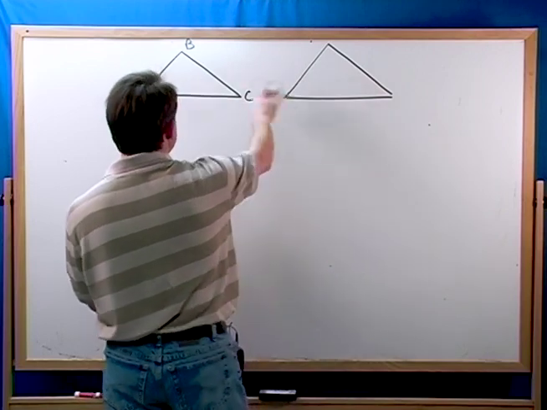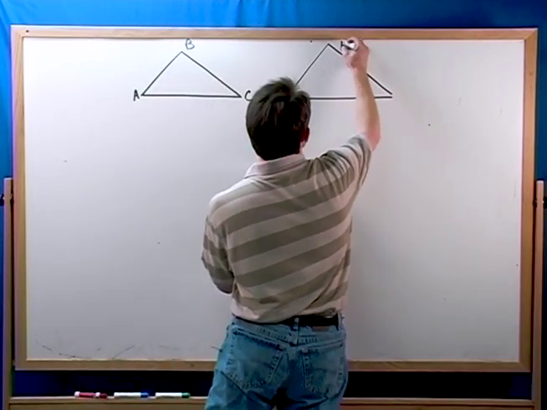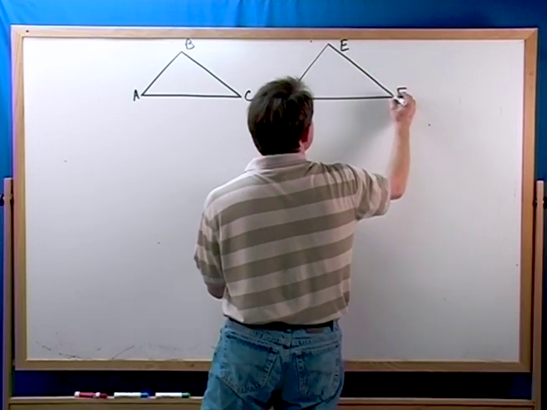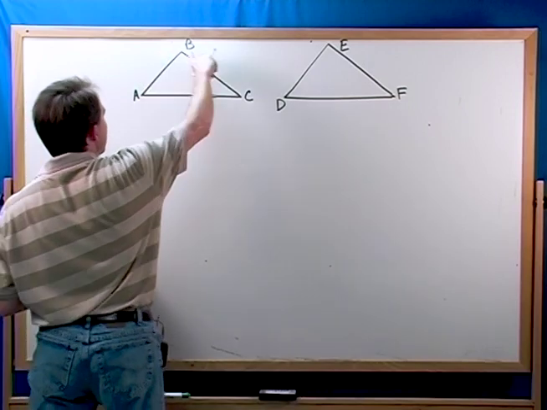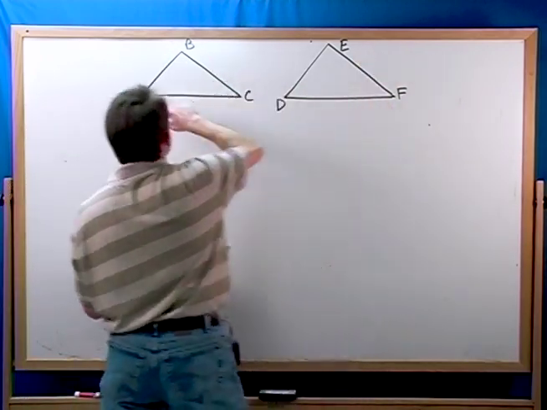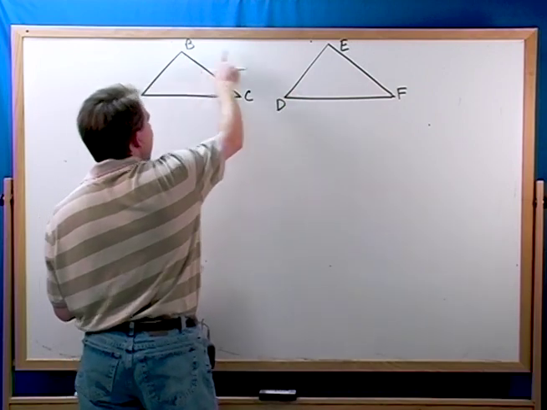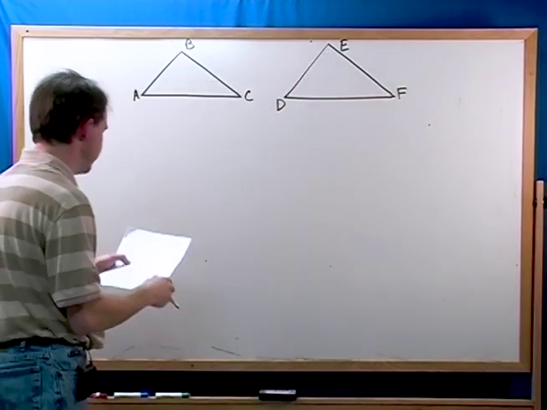I'm trying to do my best to draw them the same. And this one has D, E, and F. First of all, we say that these triangles are congruent if all of these sides are exactly the same length as these sides, and if all of these corresponding angles are exactly congruent or equal to one another, okay?